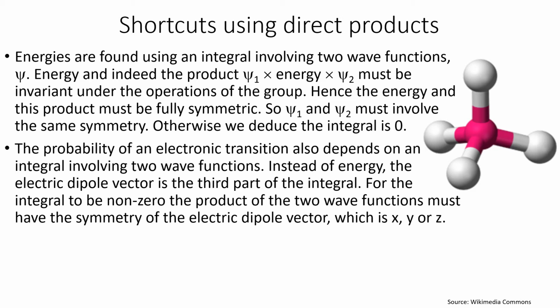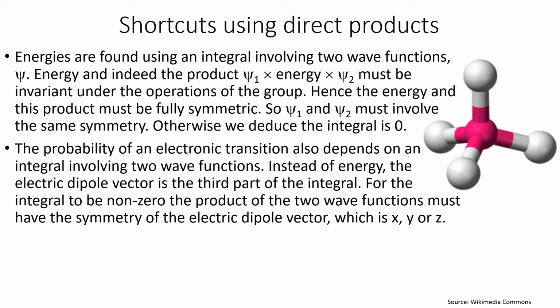It's going to have a Cartesian axis as it's a vector. Now, of course, if you're going to work out the probability of an electronic transition, a probability, again, it's just going to be a number, and just being a number, it's going to be fully symmetric.